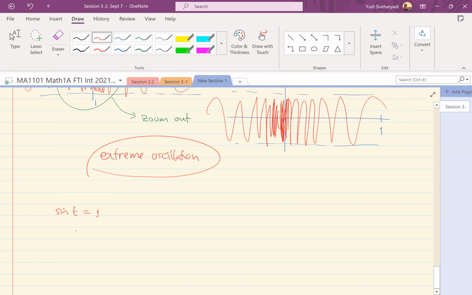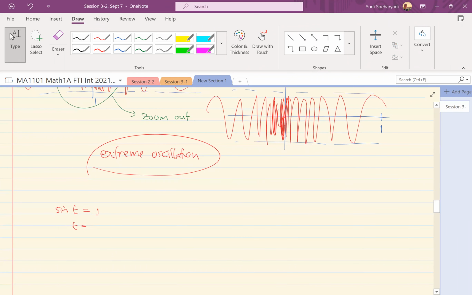So t should be pi over 2, and you add a multiple of 2 pi.